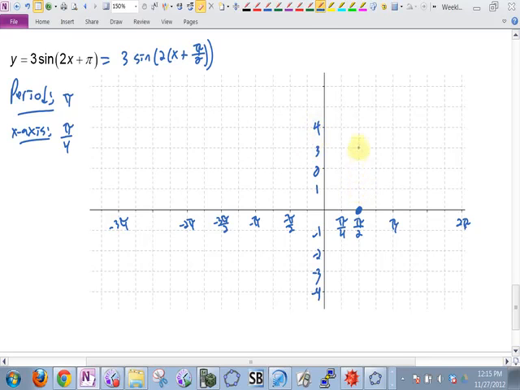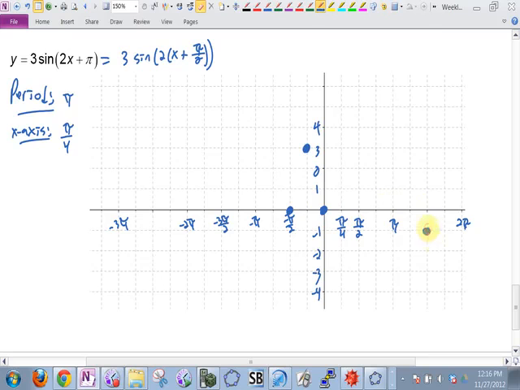We need to vertically stretch that by 3, horizontally squash that by 2, and then shift to the left pi halves. So we're going to be right here. Technically, the origin goes to here. There we go. Next, sine has a point at pi, 0. Vertically stretched by 3, that doesn't move it. Horizontally squashed by 2, and then shift to the left pi halves. That is where we get the origin point.